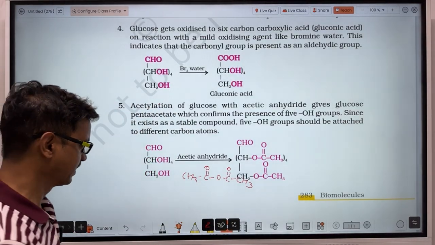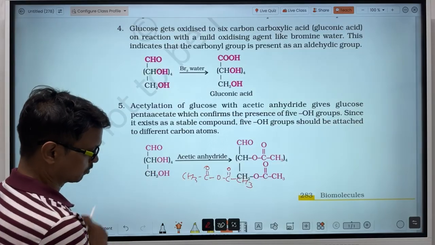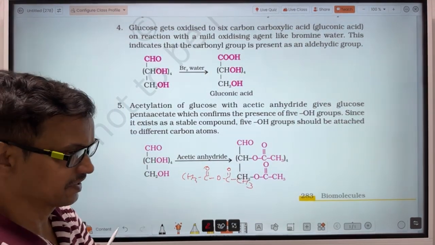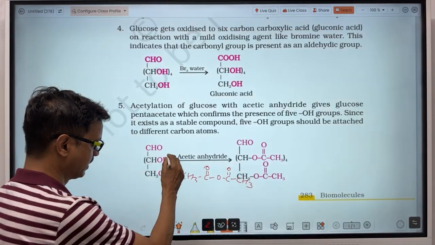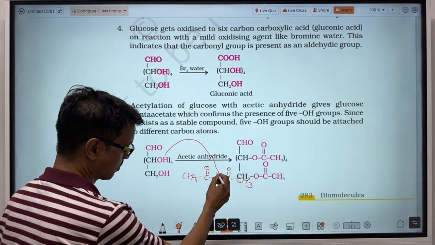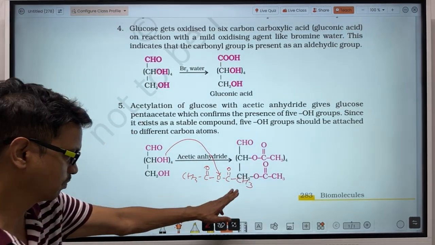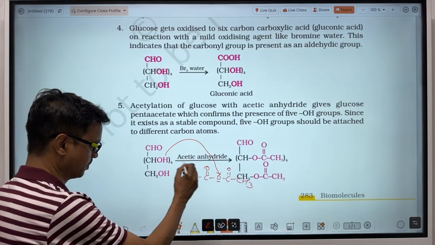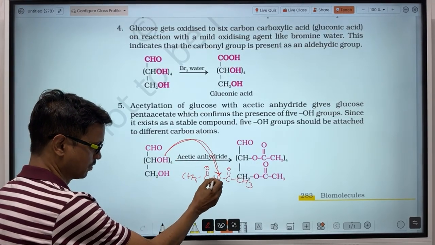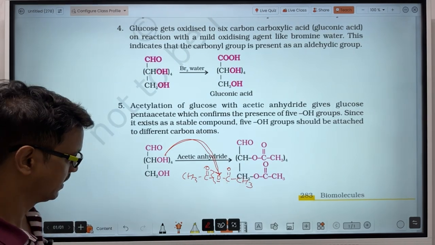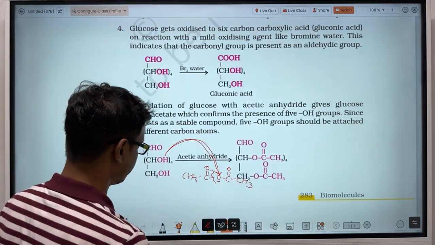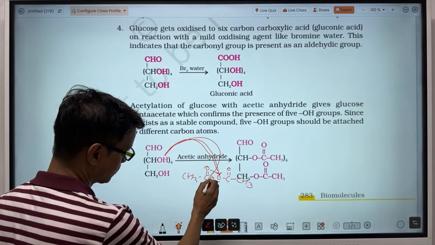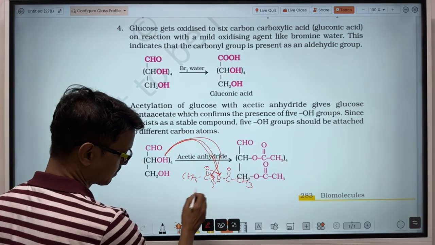You have already studied that in glucose, the alcohol, when reacted with acetic anhydride, then what happens? Hydrogen gets bonded to this oxygen, which is bonded to both the carbon atoms. So bond will dissociate from here, and this hydrogen will get bonded to this carbon.